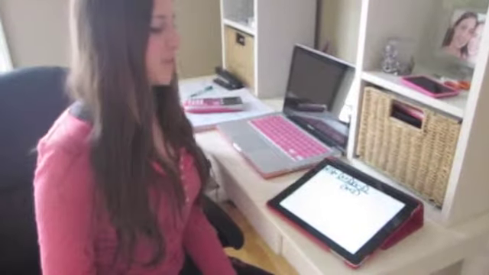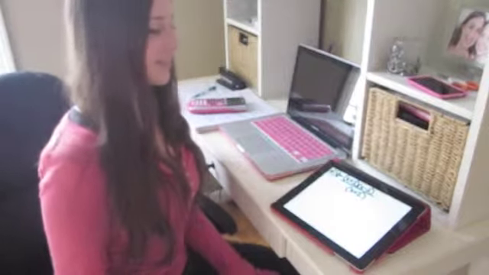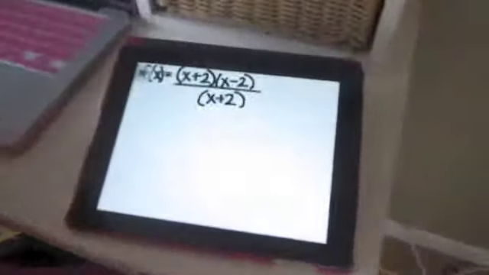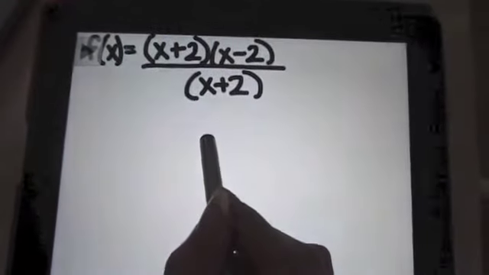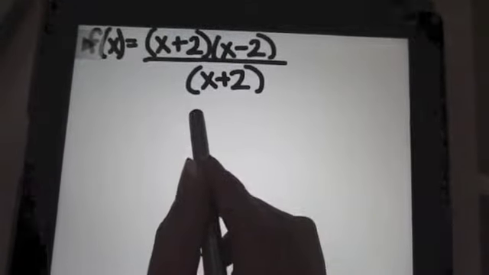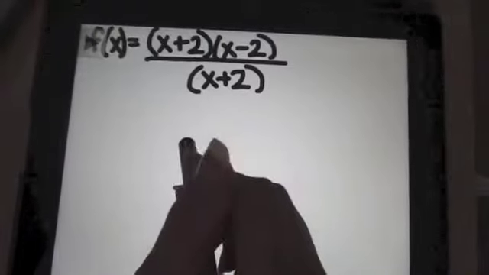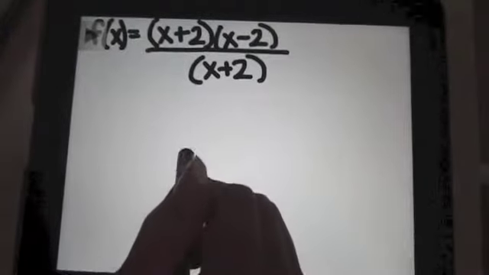In this example, there is a hole. A hole occurs when there are common factors in both the numerator and the denominator. In this problem, both x plus 2 and x plus 2 are in the numerator and the denominator. So in order to find the discontinuity, we set these equal to 0.